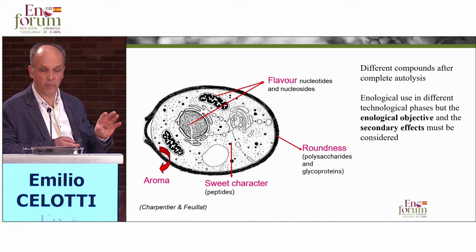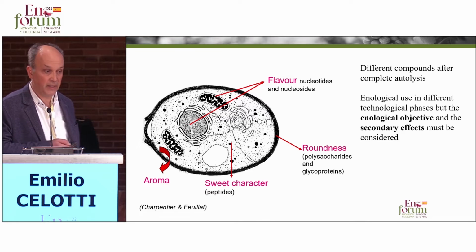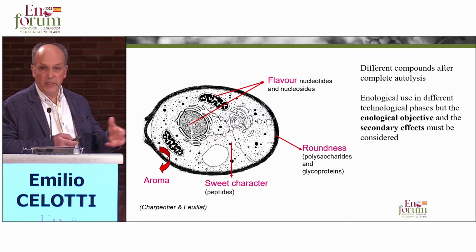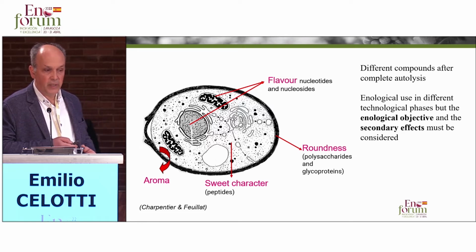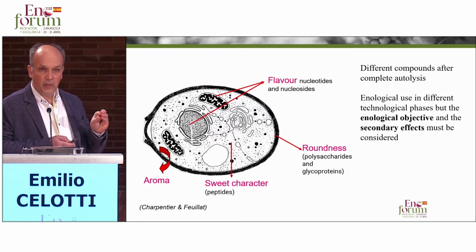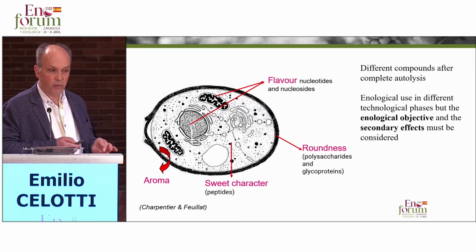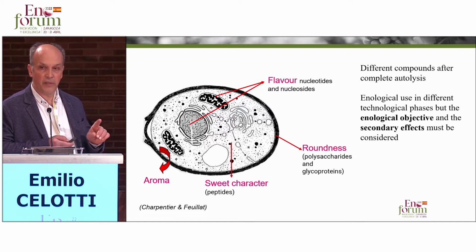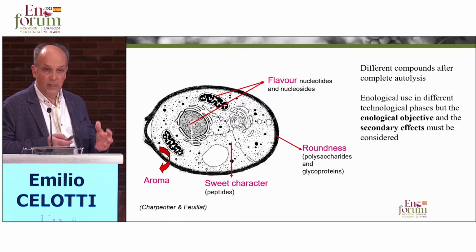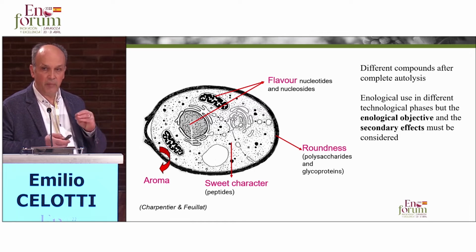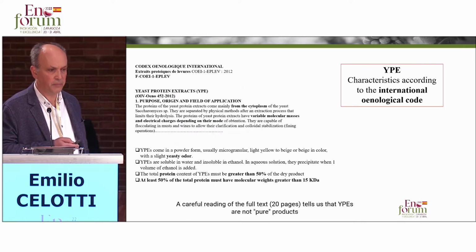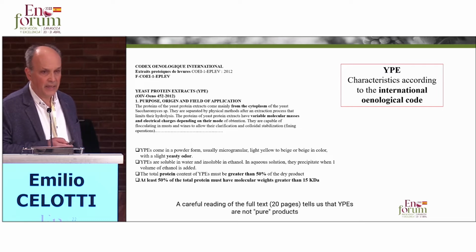They are very important because the aromatic impact can be very powerful for good and for the bad. Then we have some softness characteristics linked to glycoproteins and proteins. We have to have in mind the enological objective and the side effects. And this is applicable to all complex products. So be careful with the side effects.